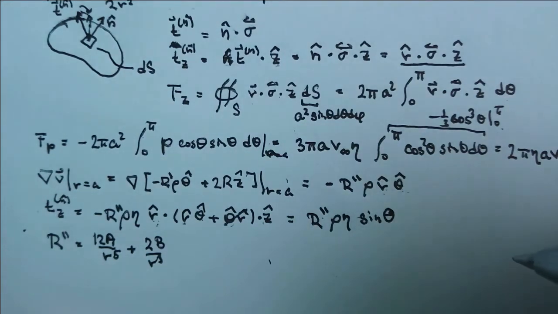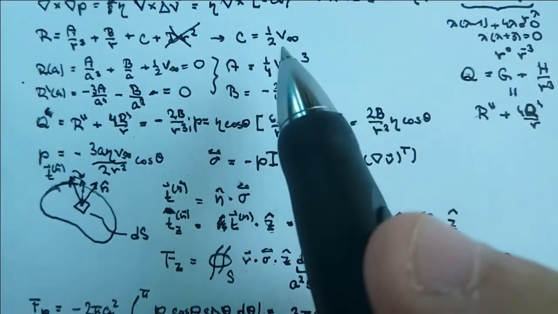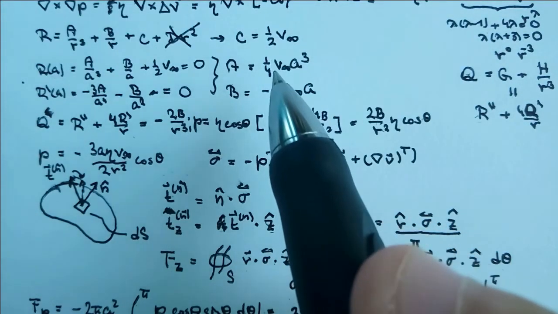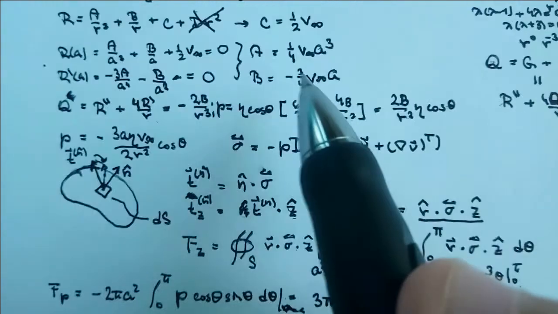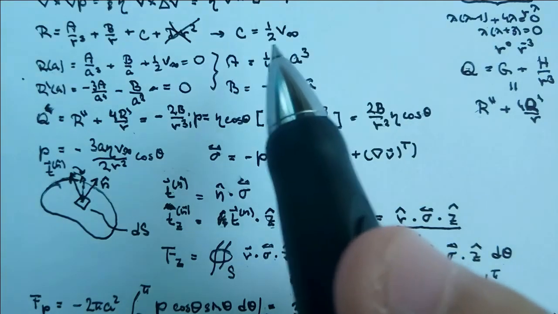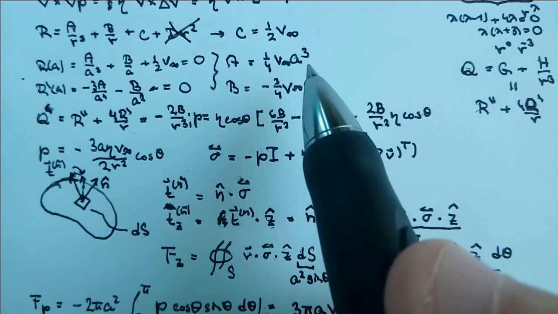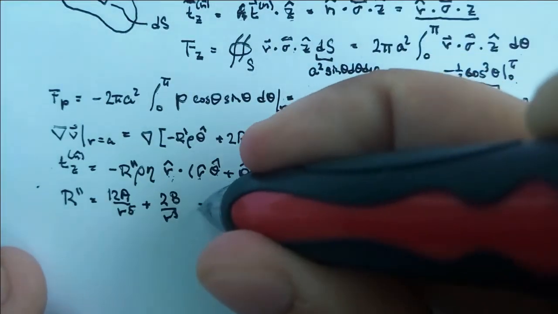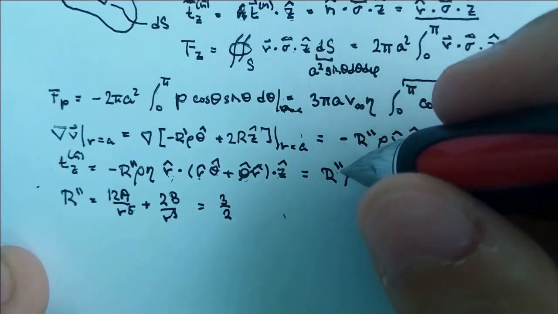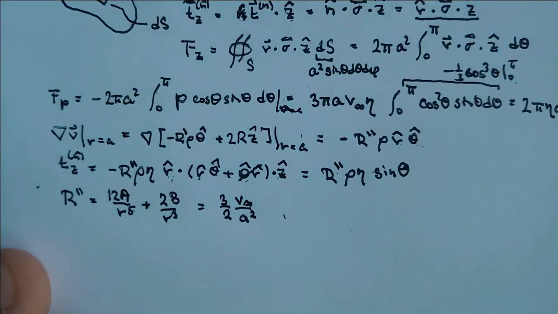As you see, a is 1/4, so 12 times this is 3, and there is plus 2 times b, which is minus 3 halves, so the result must be 3 halves v infinity a cubed, but divided by a to the 5th power, so it's going to be 3 halves times v infinity divided by a squared, which is, yes, at r equal to a.